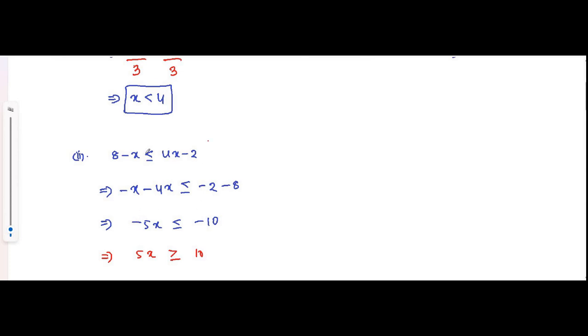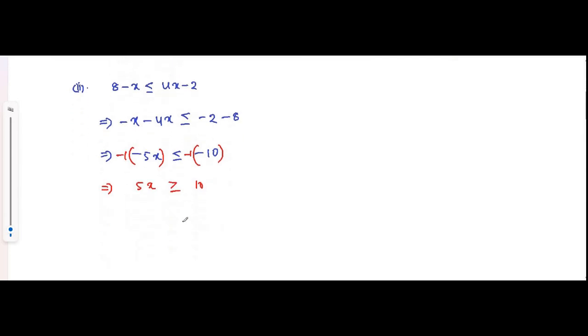This is the same as multiplying both sides by minus 1, the same negative number, and the sign of inequality will reverse as per both the rules. So 5x is greater than or equal to 10.